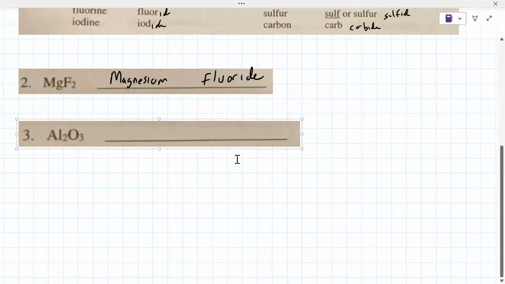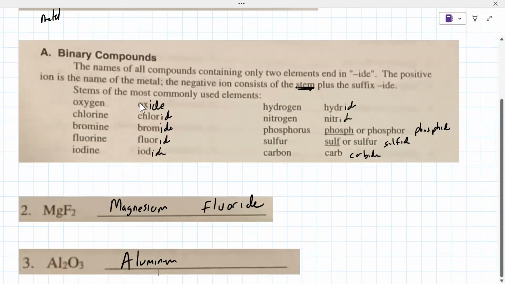But what's Al stand for? Aluminum. So you always write that one, aluminum. And then this is oxygen. So you go back up to your list here. Oxygen is oxide. Yeah.